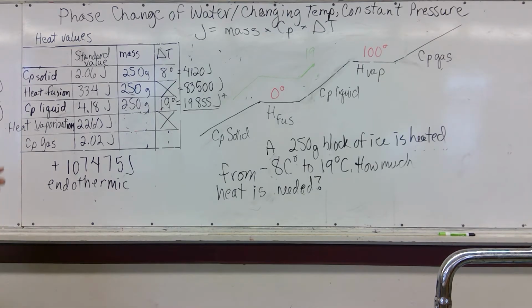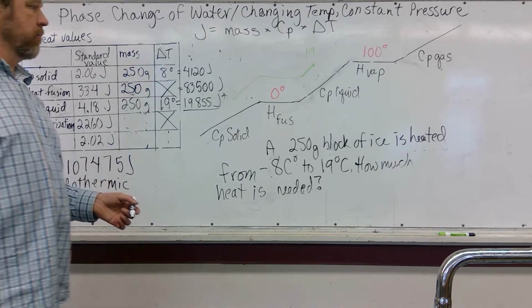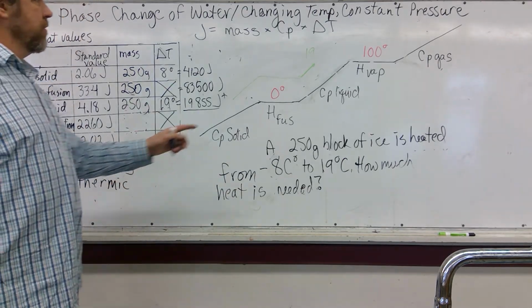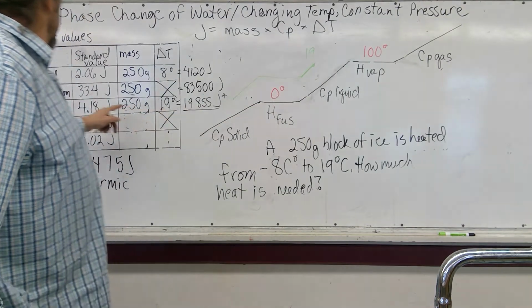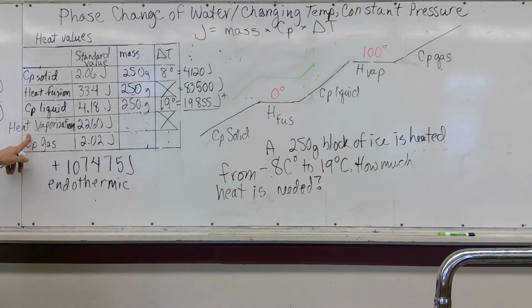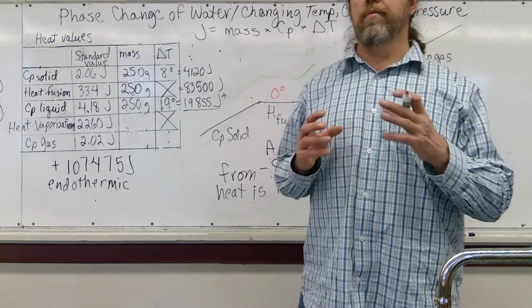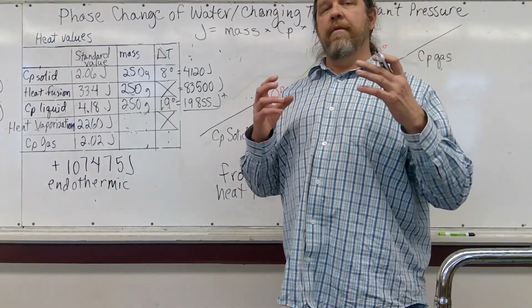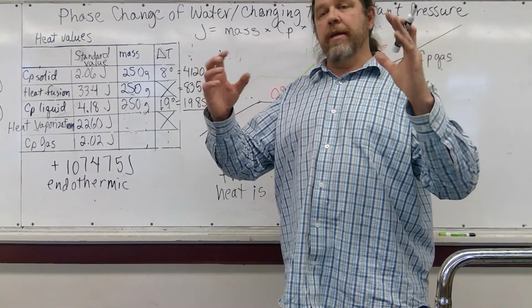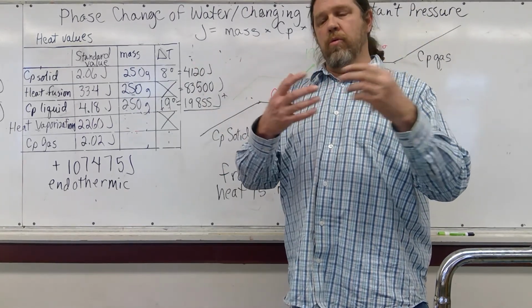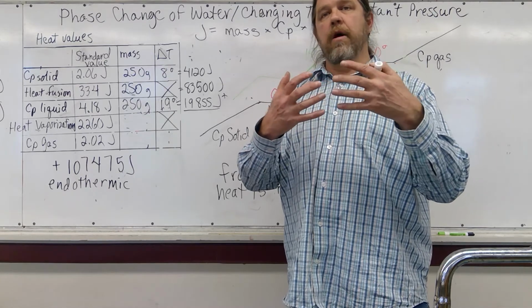If we were going to keep heating this up all the way to steam, we would of course have to bring it all the way to 100 degrees, and then we come to what is called the heat of vaporization. And as we can see, that requires far more energy than at any other point in the process, because when we're transitioning from a liquid to a gas, that means the water molecules are so filled with kinetic energy that they exert no actual attraction to each other.